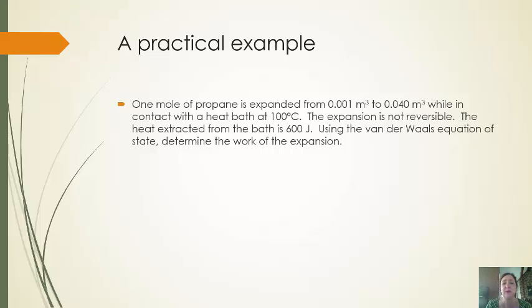It's going to be in a heat bath that's going to hold it at a constant 100 degrees C, so temperature will be constant. Now this expansion is not reversible, it's just a real process. The heat extracted from the bath is going to be 600 joules, and we want to use the van der Waals equation of state to determine how much work is going to happen in this expansion.